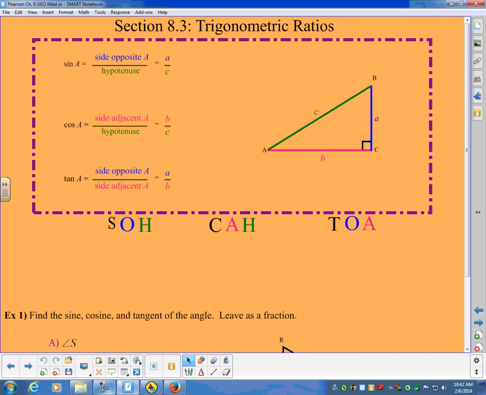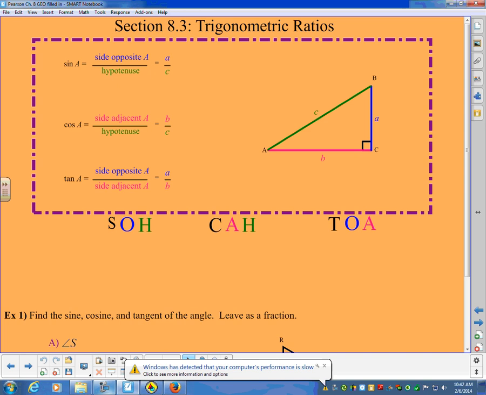The cosine of A is the ratio of the length of the side adjacent to A divided by the hypotenuse. Now, did you catch the difference between the hypotenuse and the adjacent? Each right triangle only has one adjacent, because the hypotenuse kind of takes precedence, or is king, over the adjacent.